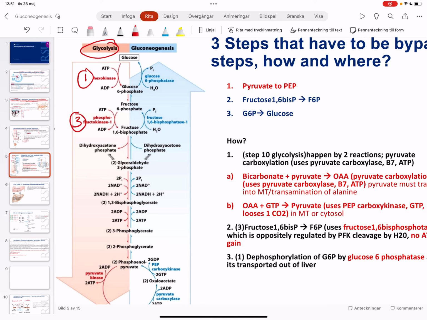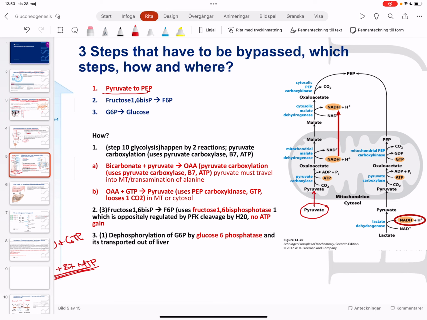So here's another thing I would like to mention about this step. We can start from pyruvate. Pyruvate can travel into the matrix of the mitochondria, and then we can convert it into oxaloacetate, just like we did in this step.